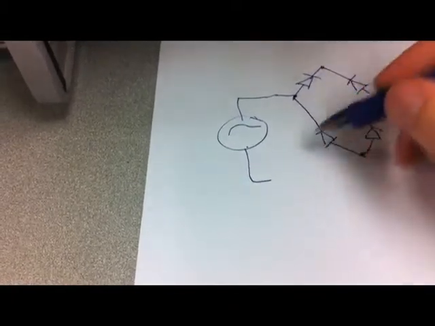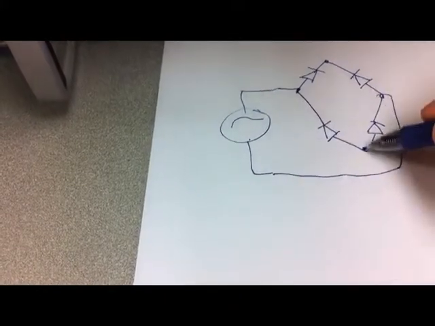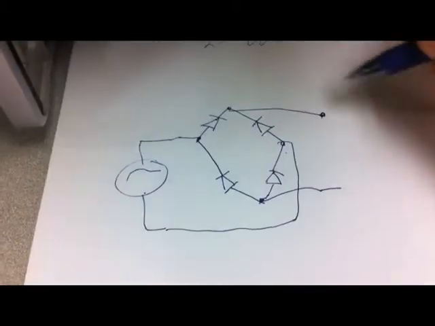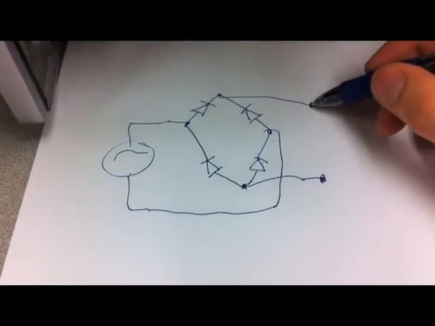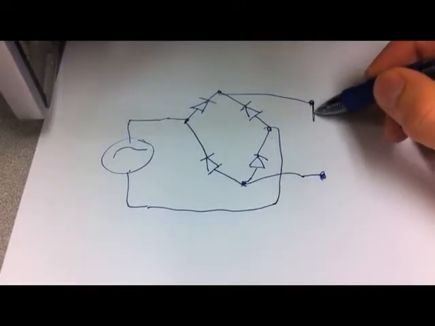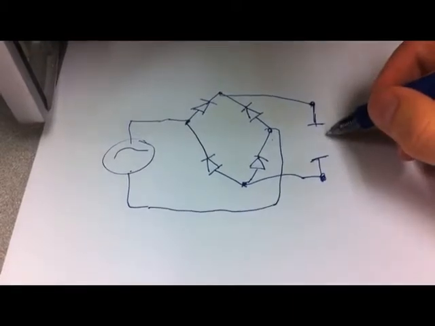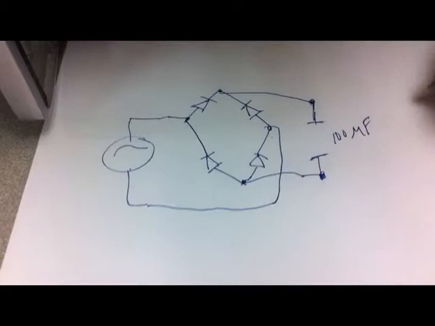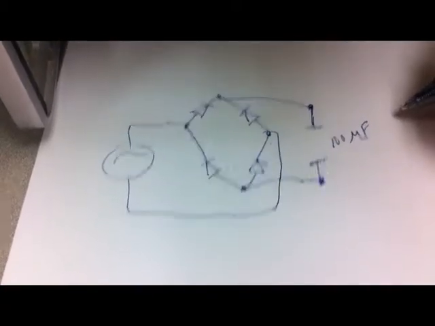So we have our bridge rectifier. That's where we pull our voltage off of. Now, again, we're going to have our capacitor. We're not going to go too big. We're going to go 100 microfarads. And now we're going to put in our LEDs.